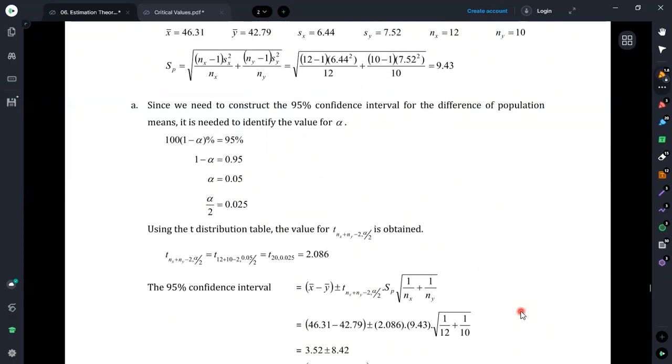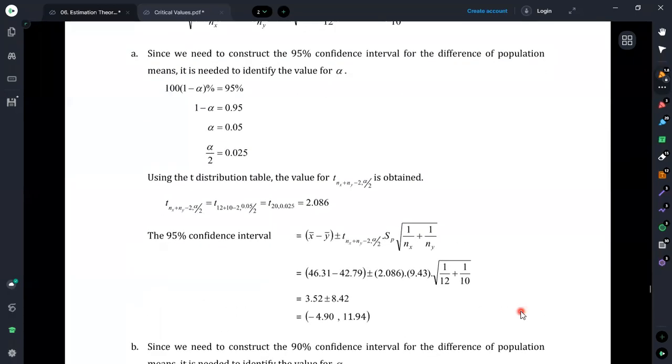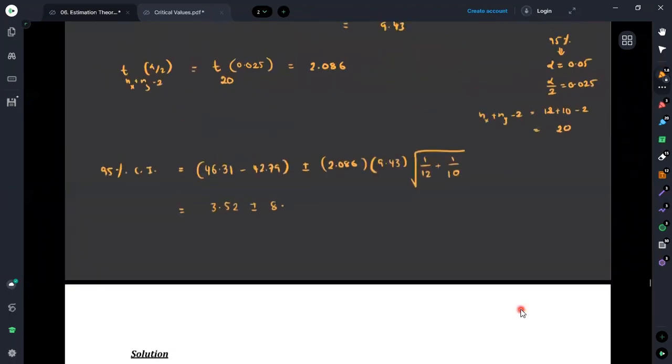This is equal to 3.52 plus or minus 8.42. This calculation leads to the value of 8.42.